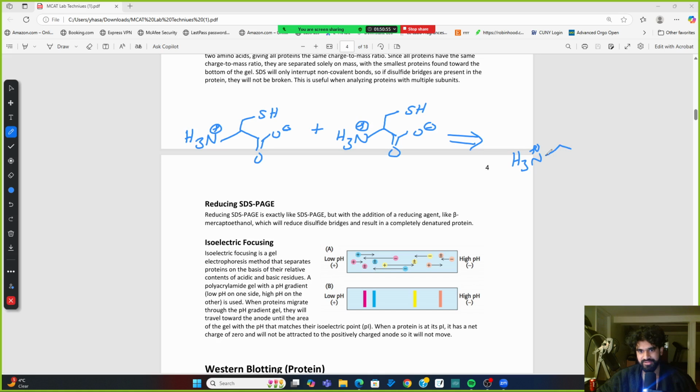It turns into something that looks like this. That's a disulfide bond. Make sense? Okay.